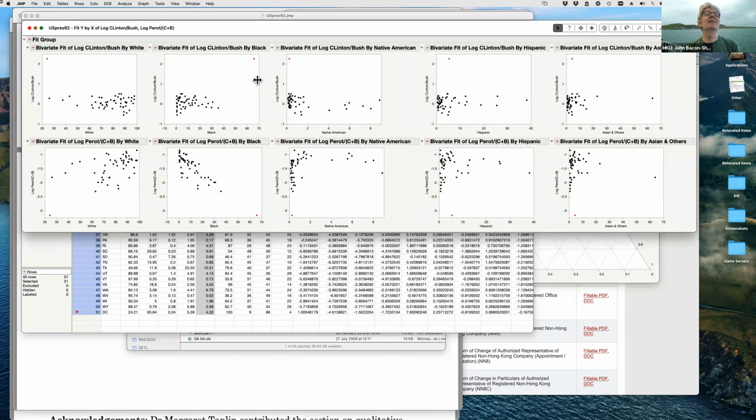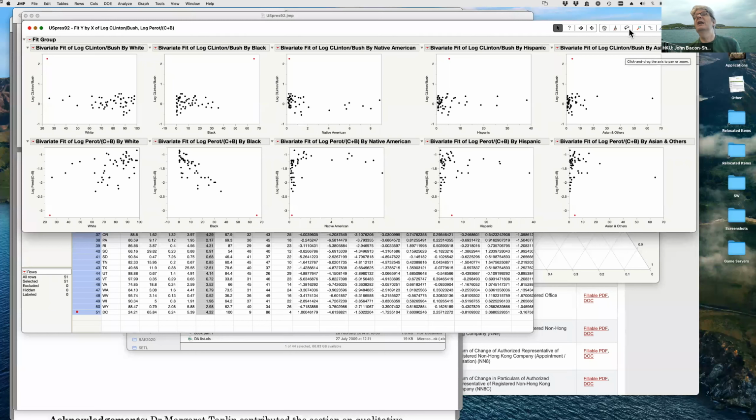So the main thing about DC is it's not only very urban, but it's also very black. It's a far higher proportion of black than any of the other states that we're looking at. However, when we look at Perot, you can see not much of a pattern against white, but a strong pattern against black.